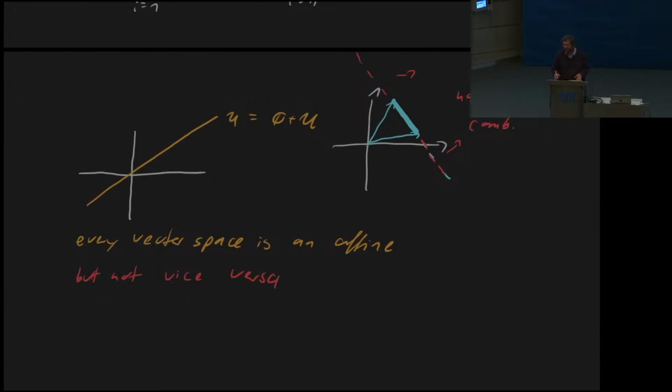Right? There are affine spaces that are not vector spaces. For example, this one. Right? That does not contain the origin, so it can't be a vector space, but obviously it's a translation of this orange space, so it's an affine space. Right? So there are lots of affine spaces that aren't vector spaces, but some of them are. The ones that contain the origin, to be precise.